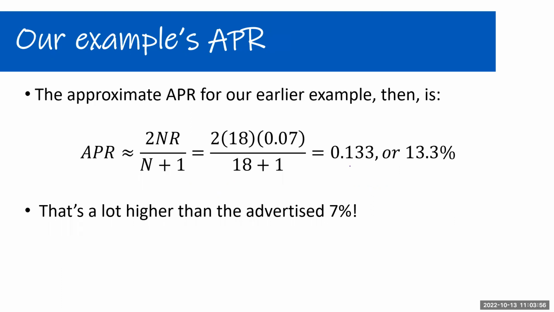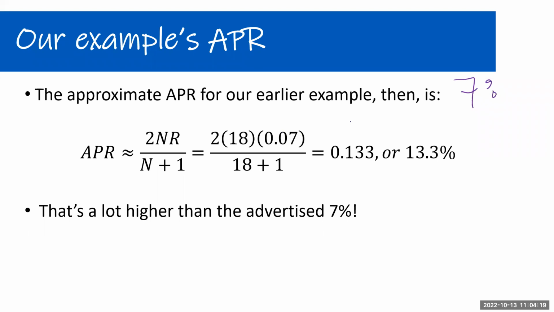Let's look at an example. Remember in our example that we had a 7% add-on rate, so they were advertising this loan as 7% add-on rate. If we use this formula, 2 times N times R over N plus 1, remember we were making 18 months of payments, so N is going to be 18, and we had a 7% add-on rate.